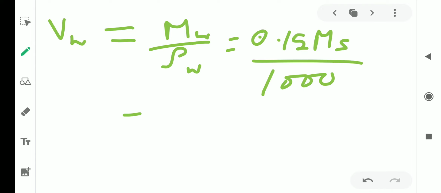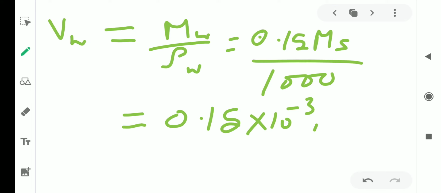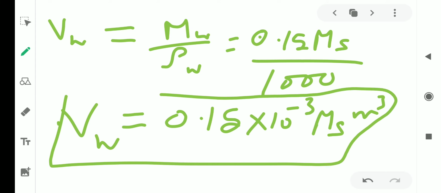So it will be equal to 0.15 into 10 to power minus 3 Ms meter cube. Correct? We have obtained this also.